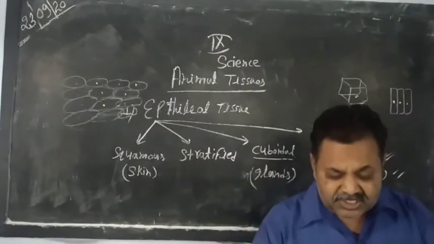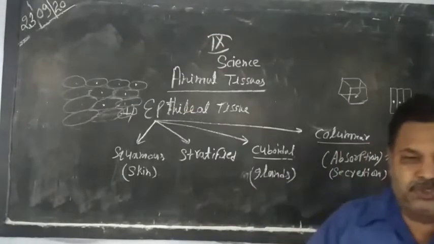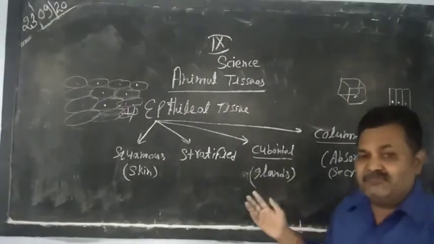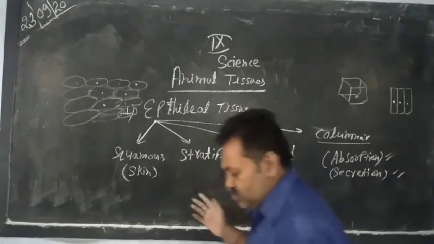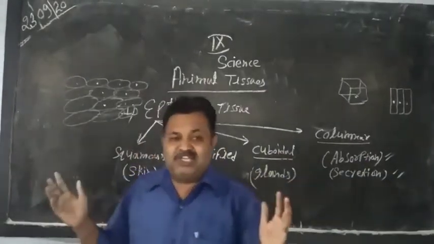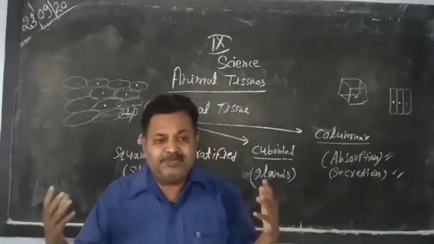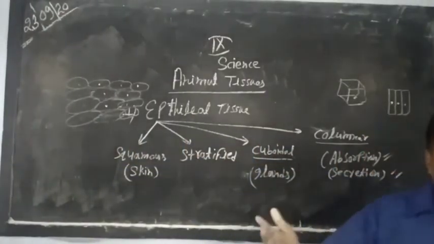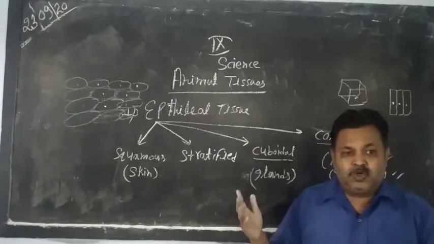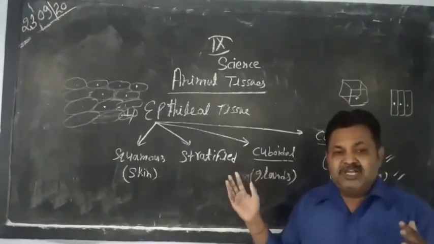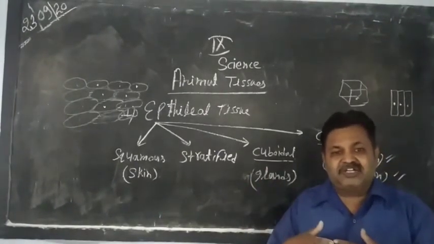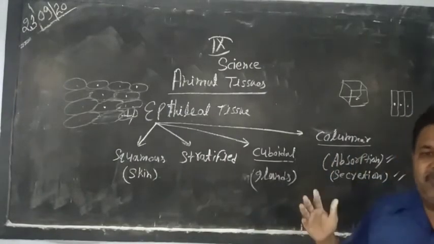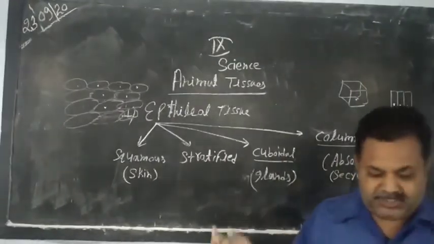Now our next tissue is connective tissue. Connective tissues are those tissues which fill the vacant body parts, and these are the connecting link between two organs. So these types of tissues are the connective tissues which fill the vacant body parts.